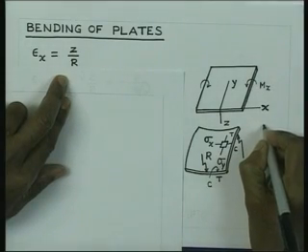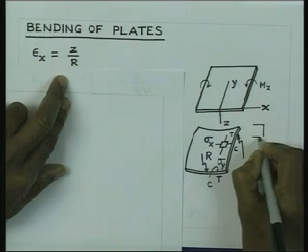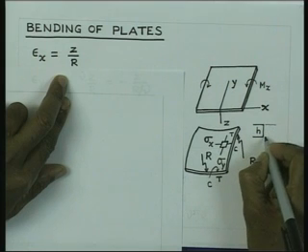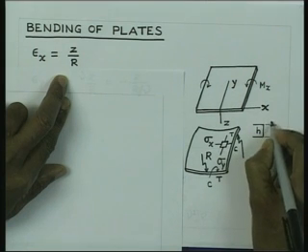So, let us say this is the height h, then we have a strain distribution which is linear.